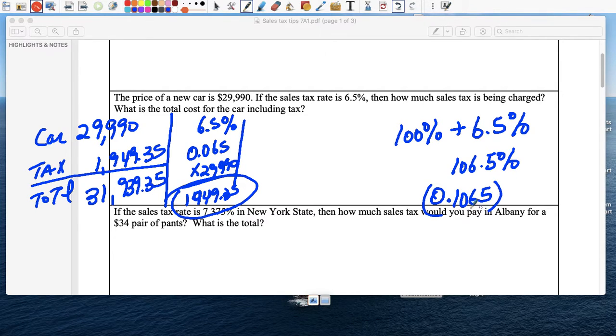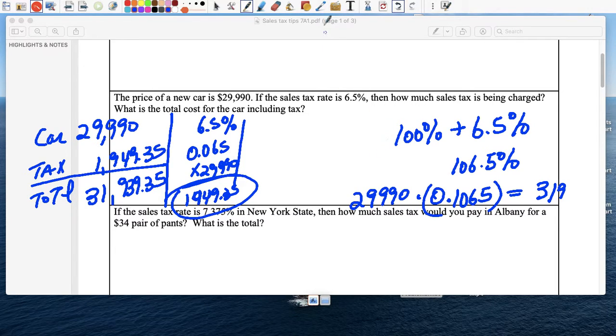And that's what you're going to multiply by the value of the car. And that should take us straight to the answer. So 29,990 times 0.1065.